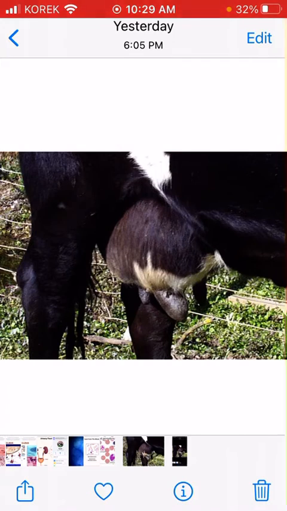Isolate calves from their mother: if the mother is infected by mastitis, you should isolate the calf from her. Also take care of the mother's udder when it gets dry. How should we take care?